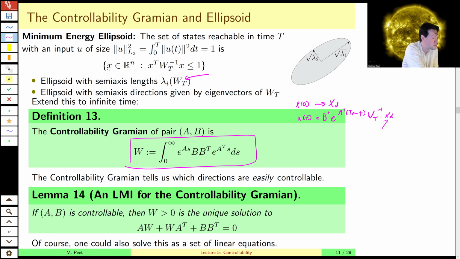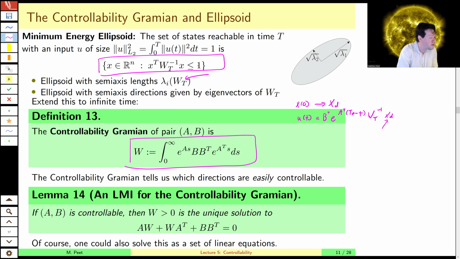So it's an ellipsoid, right? And it's a quadratic inequality, less than or equal to 1. And this tells us what set of states are reachable in time t, or ultimately reachable if we extend it to infinity, using an input of magnitude 1.